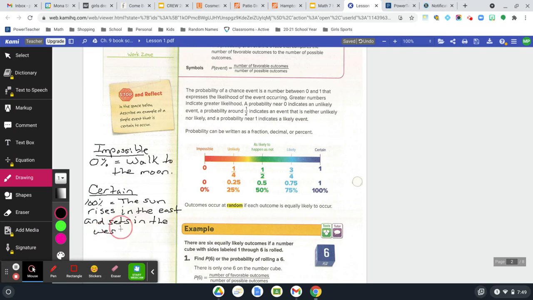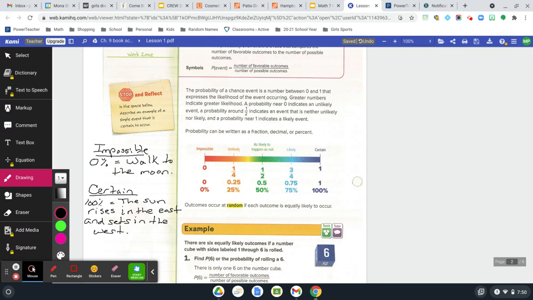That's always going to happen. That's 100% probability, 100% certain that the sun will rise in the east every day and set in the west every day. So we've talked about one example of a 0% impossible probability, and one example of a 100% certain probability.